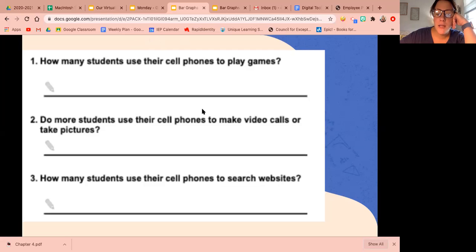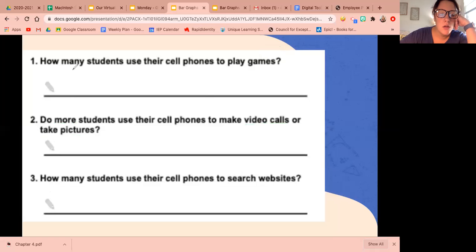We are comparing. We want to know which one is more. Which one is the bigger number between these 2 categories? Making video calls or taking pictures. We need to compare these 2, all right?